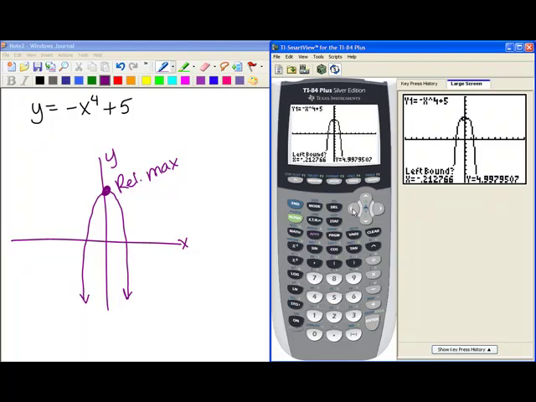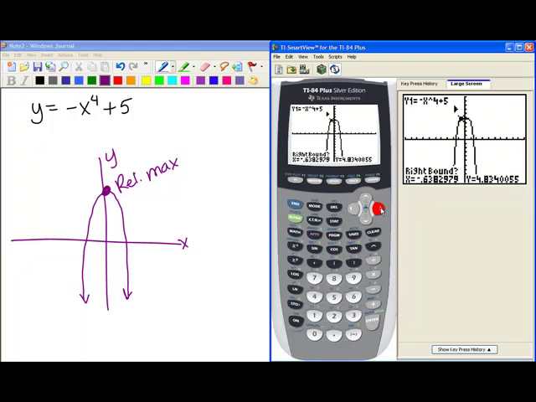Alright, so starting with the left bound, I'm going to move the cursor over some. I like to give it some room away from the actual point we're trying to find. So this is an area on the left. Again, ignore the numbers at the bottom. We're only looking on the left side. So you press enter at that point.